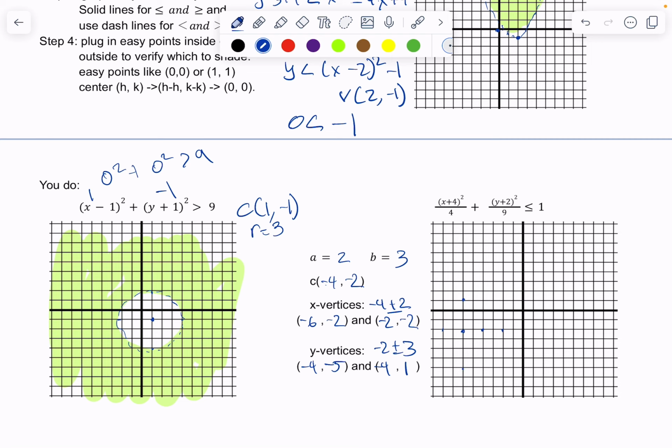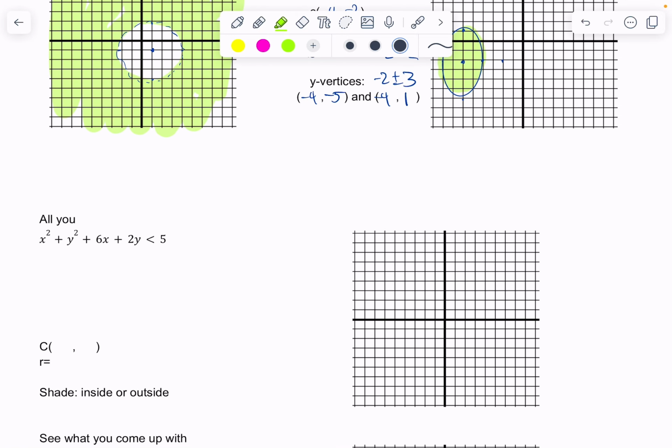Are they dashed, or are they equal? This is actually a whole ellipse, because it's less than or equal to. That being said, I check the center because that turns all of this into 0 squared plus 0 squared. Is 0 less than 1? Yes, it is. So we can just highlight the inside.